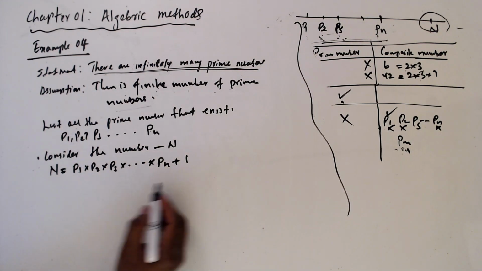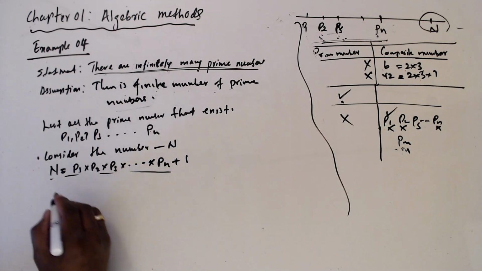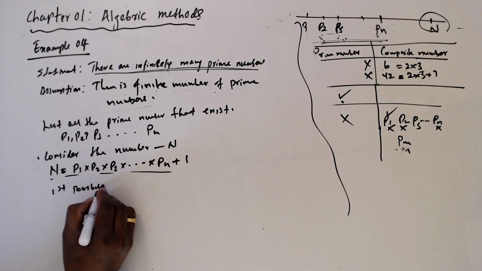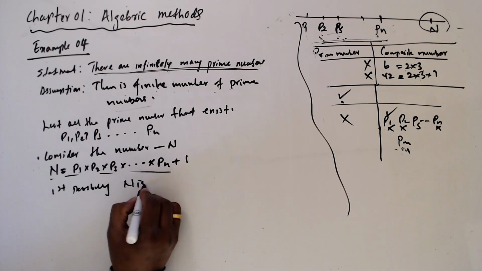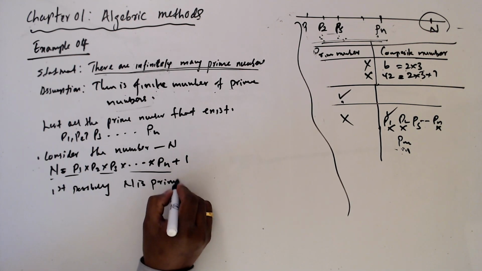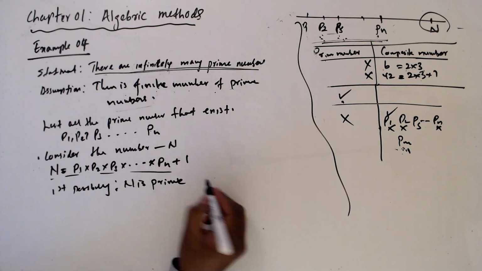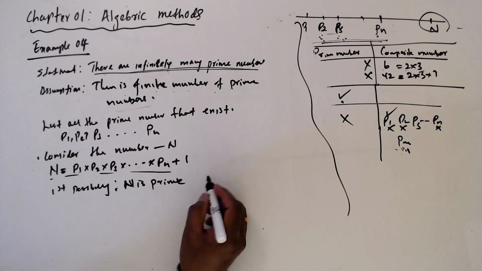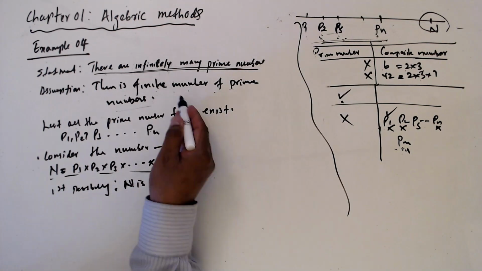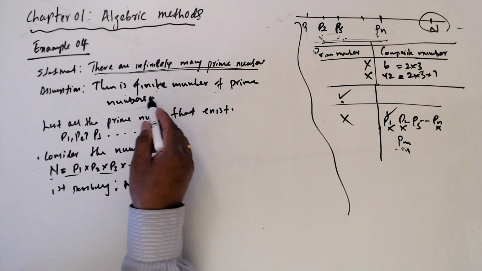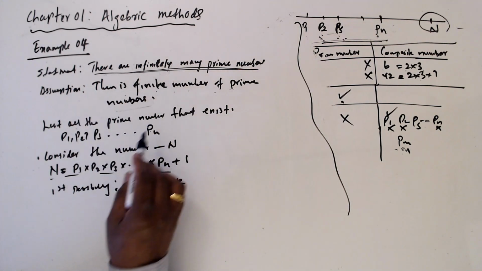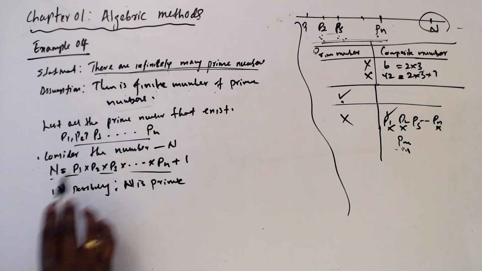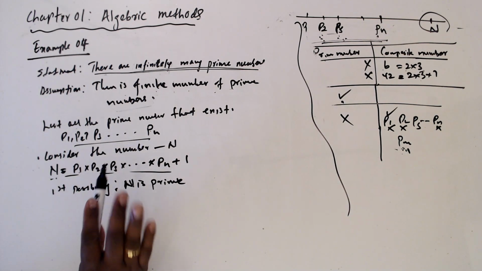Then we have two possibilities. First possibility: n is prime. If n is prime, then we already found one more prime number apart from this list, that is n. The case is failed now.